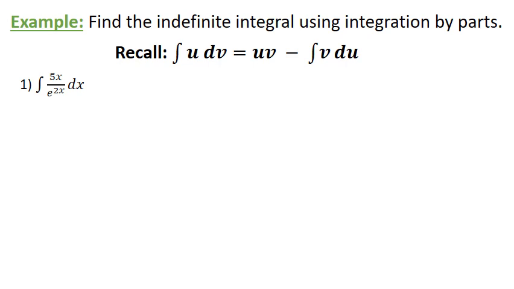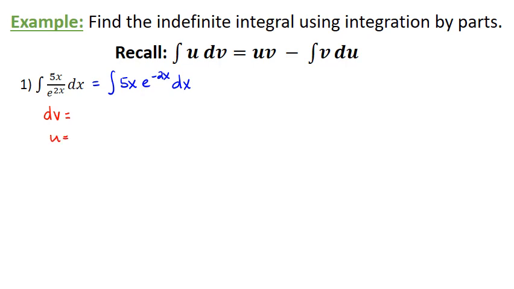So it may be helpful to rewrite this as the integral of 5x e to the negative 2x dx. Now, I've given you the formula. It might be helpful to continue to write this down each time you use it so that it's kind of engraved in your mind. Now, what we need to do is figure out what dv should be and what u should be.